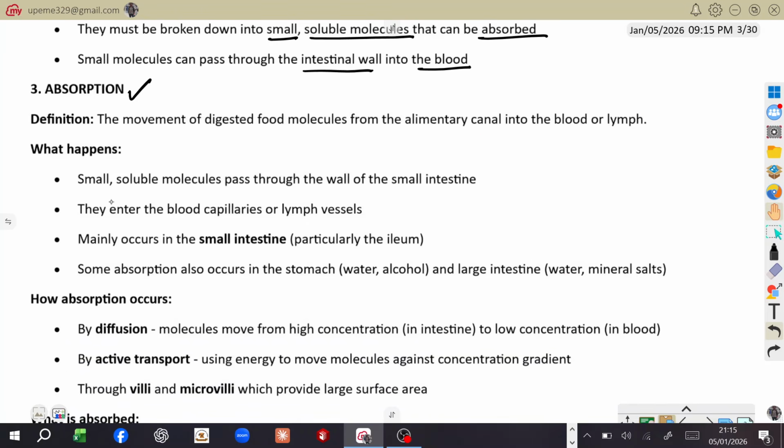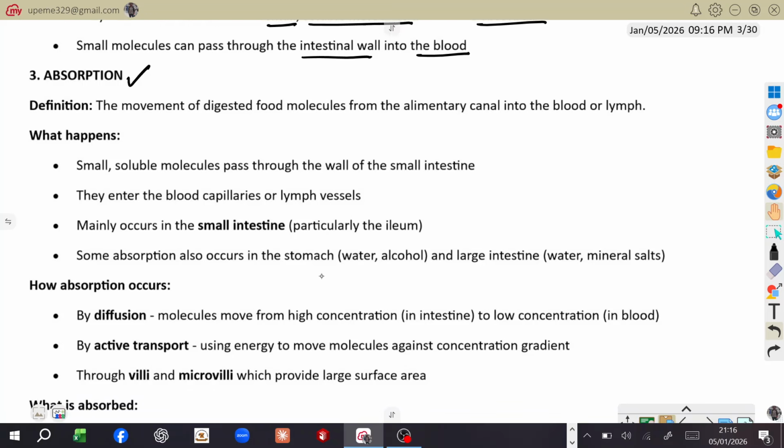So what happens during this process? Small soluble molecules pass through the wall of the small intestine. They enter the blood capillaries or lymph vessels. It mainly occurs in the small intestine, particularly the ileum.